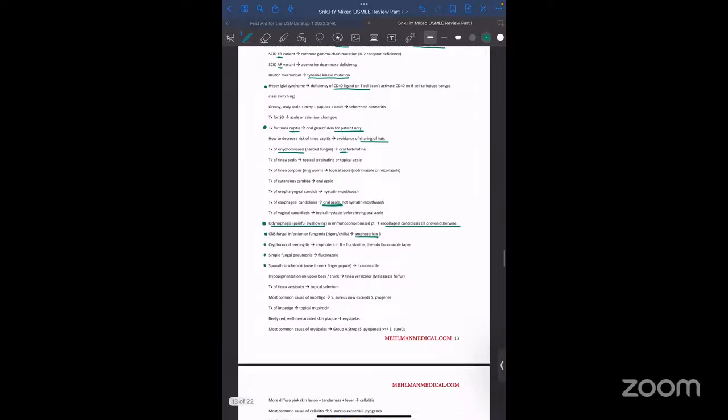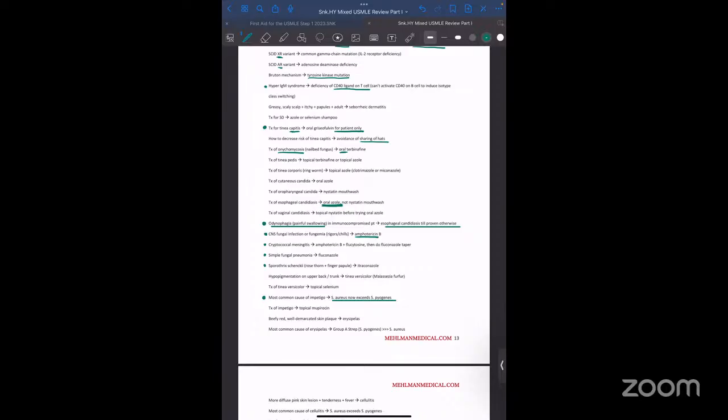Most common cause of impetigo, Staph aureus, now exceeds strep pyogenes. Treatment of impetigo is topical mupirocin. Beefy red, well-demarcated skin plaque is erysipelas. But I think we've seen a question where they say well-demarcated, but it turned out to be cellulitis by group A strep.